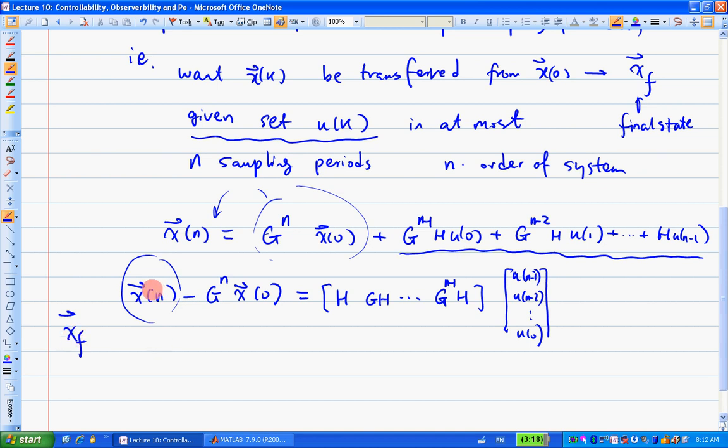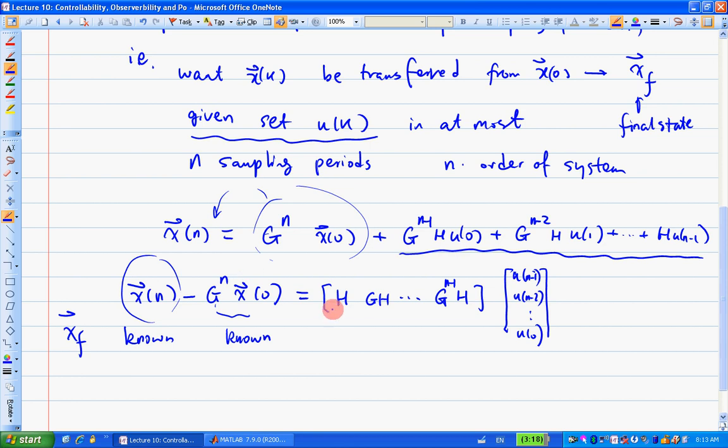If this is your final state, that means this is a known quantity. And G to the power of n, where G is the system matrix, is known. x of 0, the initial condition, is also known. So altogether, these two terms are all known.